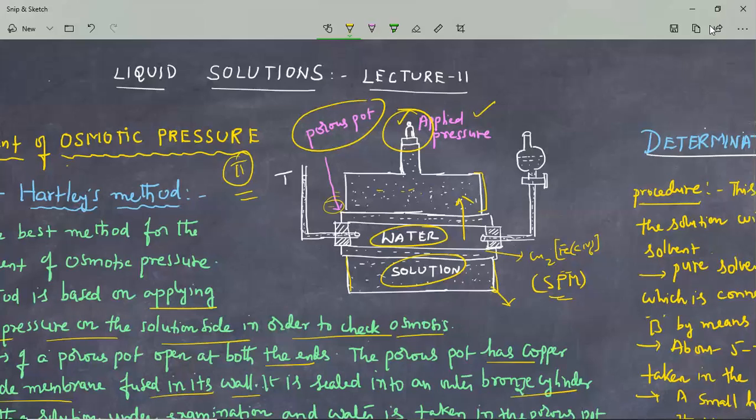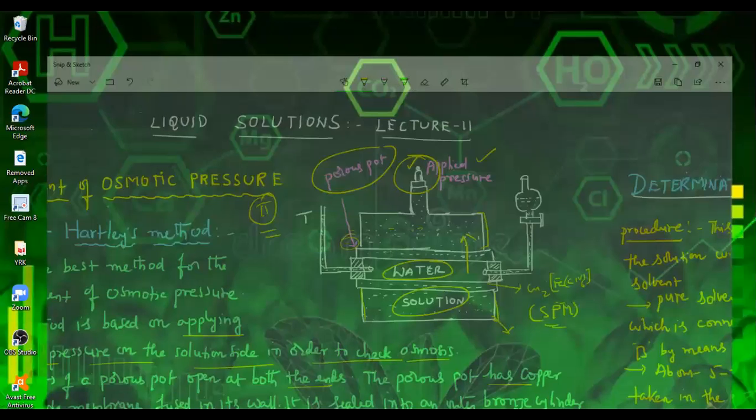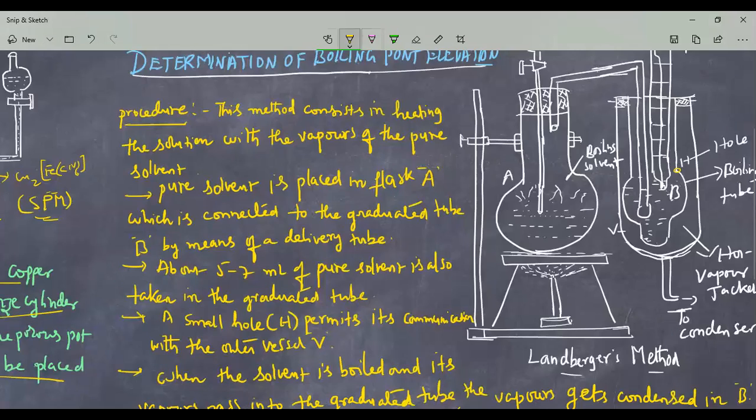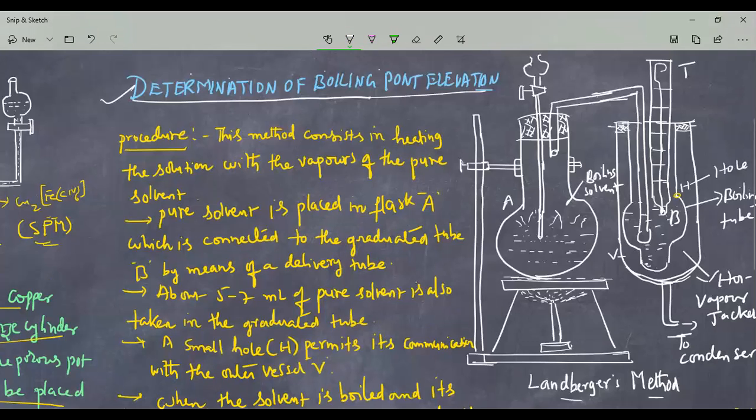So these are the points covered in the osmotic pressure. Now we will observe the determination of boiling point elevation.